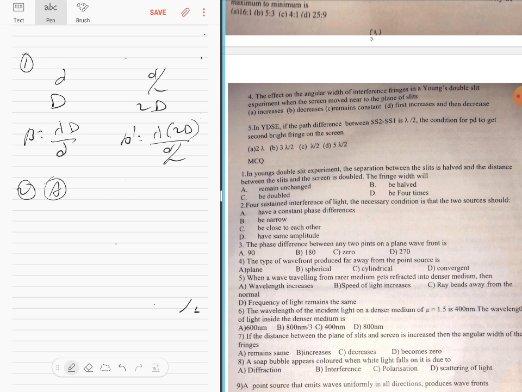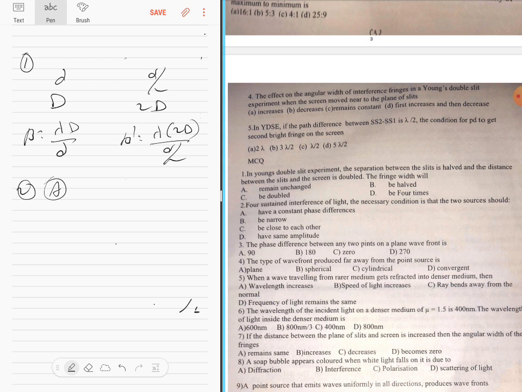The two sources must emit light of the same wavelength, but the amplitudes between them should differ as little as possible. Remember, we took it as small a and small b. The amplitudes are slightly different, but they have the same wavelength.